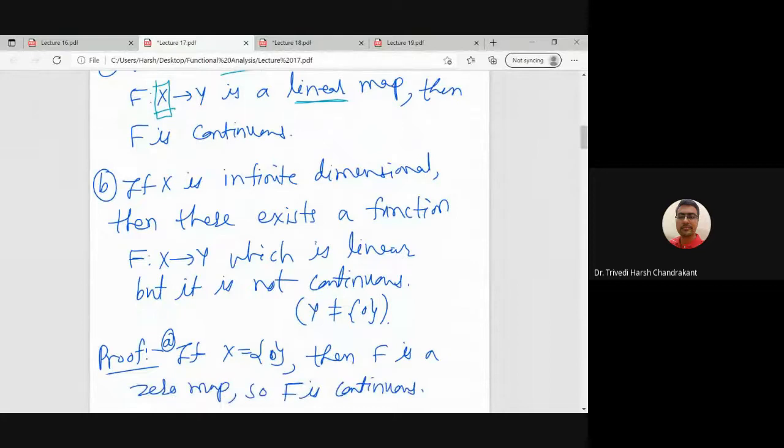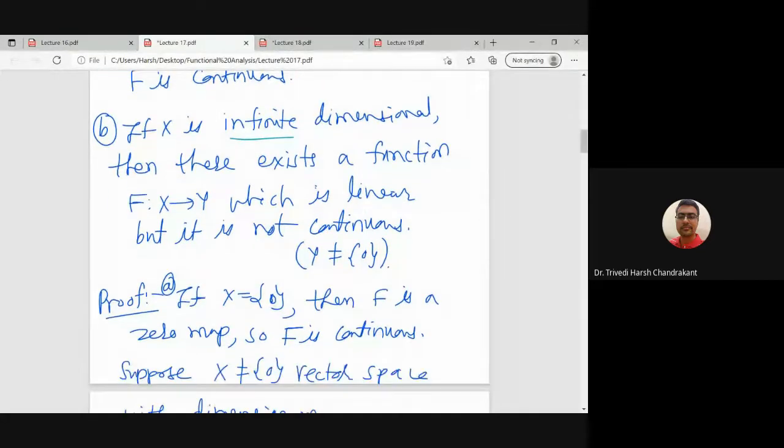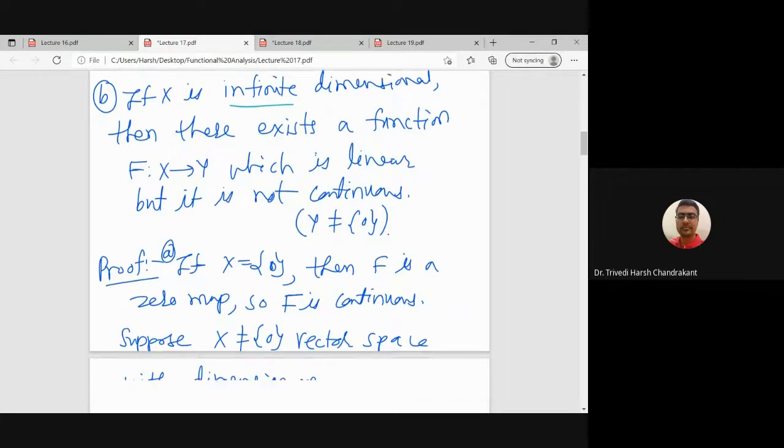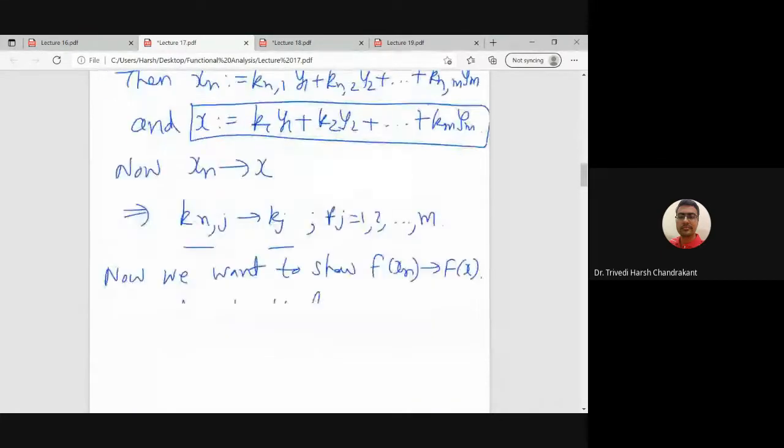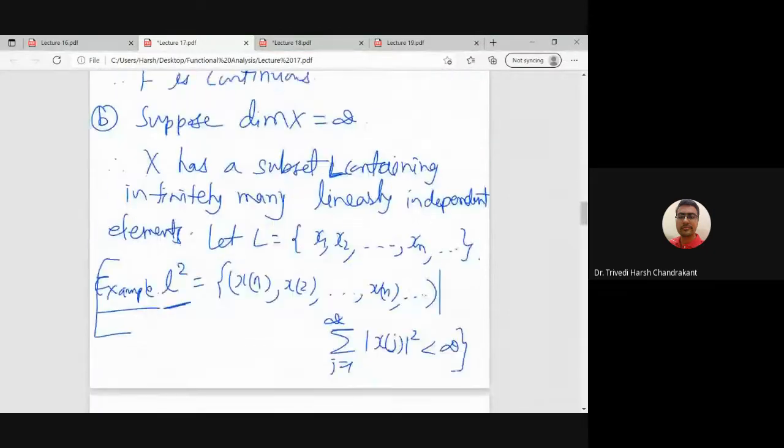Now the second case is when we have an infinite dimensional vector space. So the question is that in infinite dimensional spaces this is not true. That means linearity does not imply continuity. So we were discussing one example in the last lecture. The dimension of X we are considering infinite.